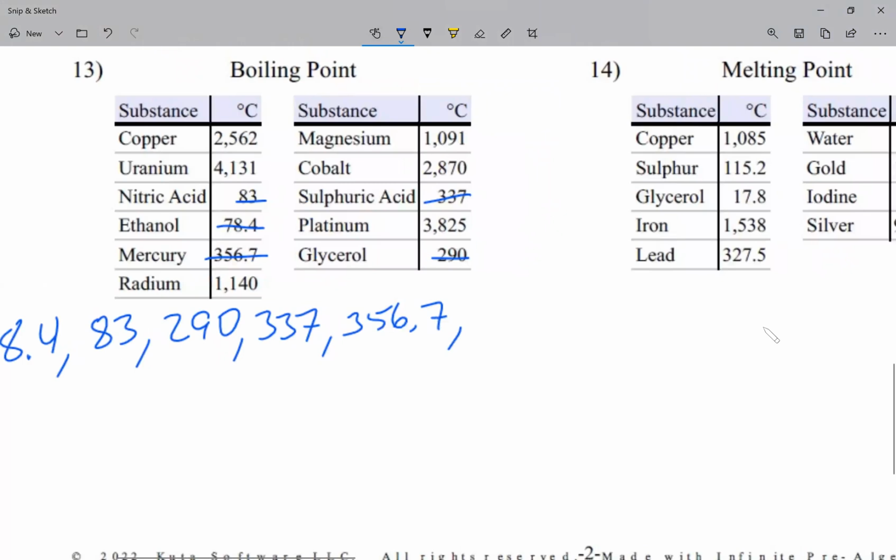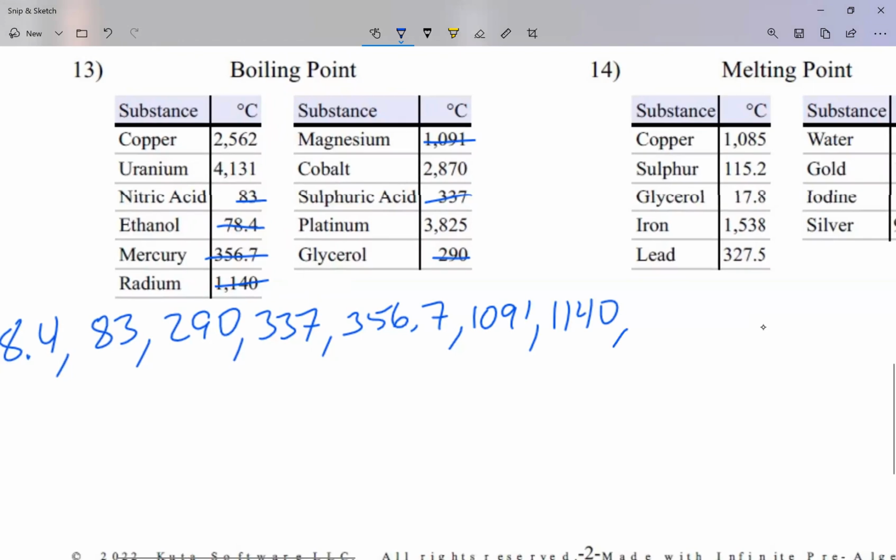Okay, so then 1091, 1140. Notice how I cross out my number, so that helps out.